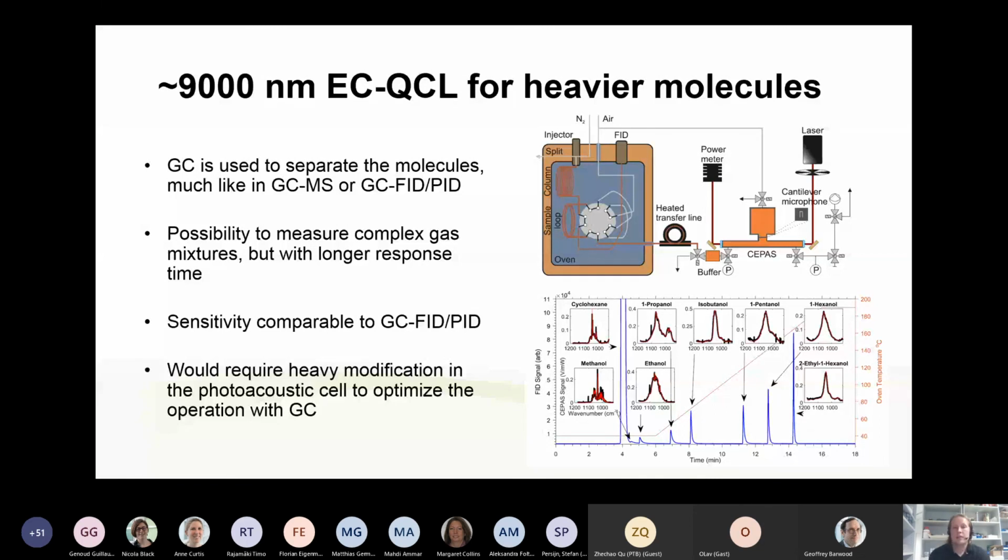The clear benefit is that you can measure heavier molecules, here represented by eight hydrocarbons, and I would believe such a measurement, without separation with any optical technique, when the gases are at fairly similar concentrations, would be almost impossible. If you disagree, please let me know.